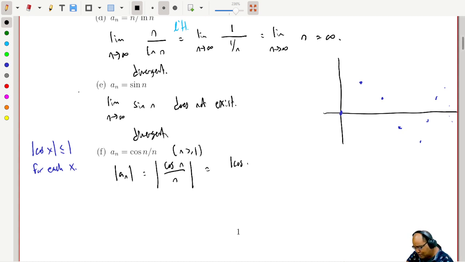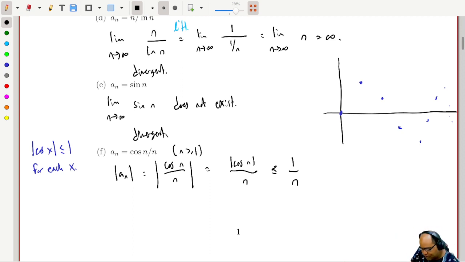So we'll have the absolute value of cosine of n on top, and I have an n left over on the bottom. Now we're going to use our fact here, because cosine of x is less than or equal to 1 in absolute value for each x. I can replace the numerator by 1, making it less than or equal to 1 over n. So our unknown thing in absolute value is less than or equal to 1 over n.